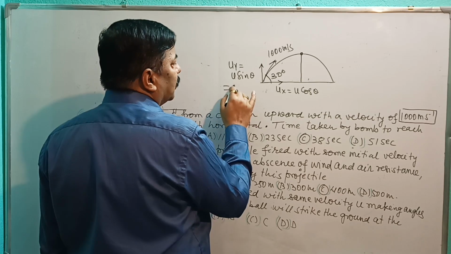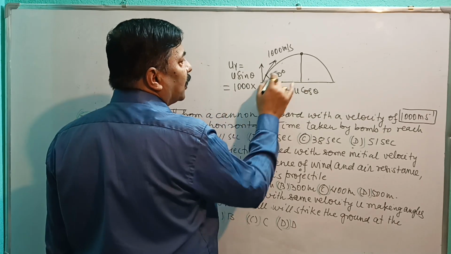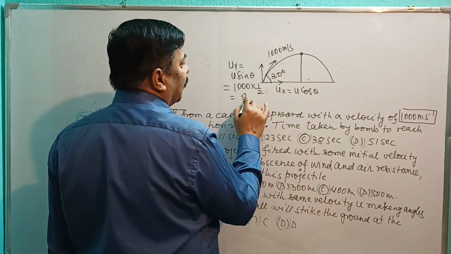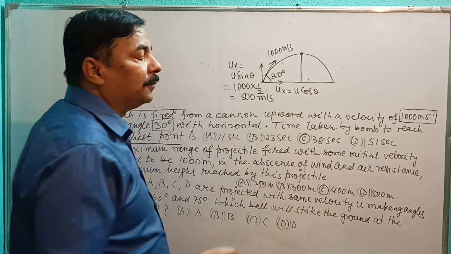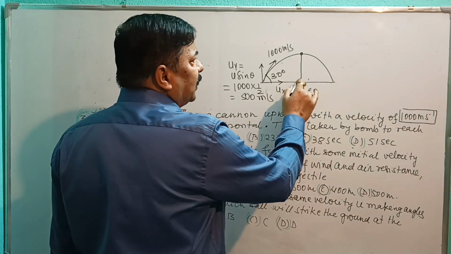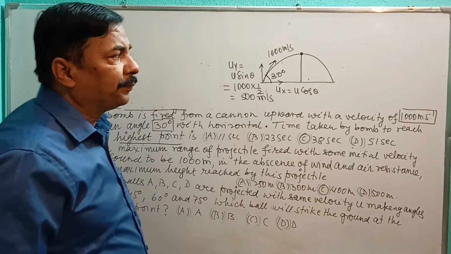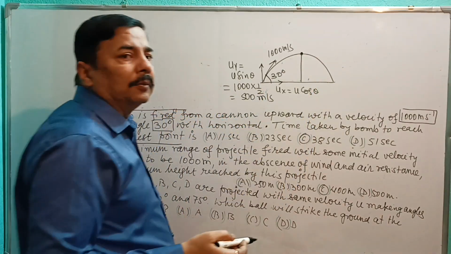U is your 1000, sin 30 degree is 1 by 2. So it is your 500 meter per second. This velocity is 500 meter per second. Now the projectile is reaching this maximum height due to this velocity, and this velocity here becomes 0.